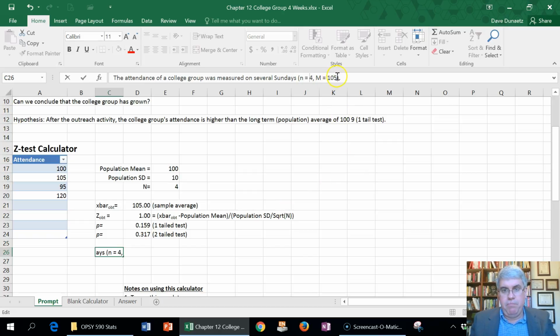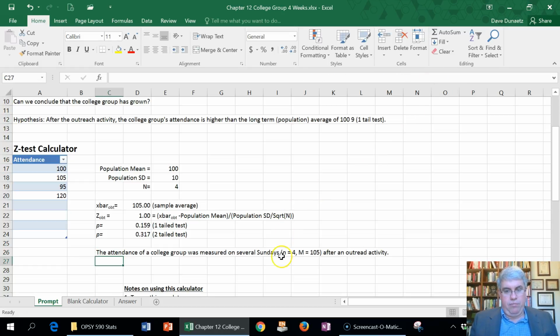Let me keep the "after an outreach activity." All right, so here I said what our result was. We took a sample of 4 Sundays with a mean of 105. Now I'm going to present the results of the hypothesis test.